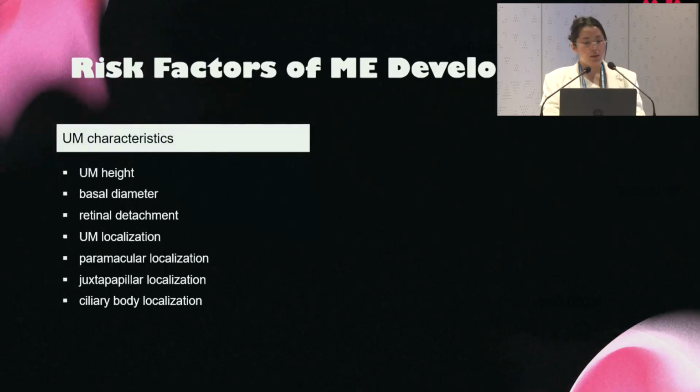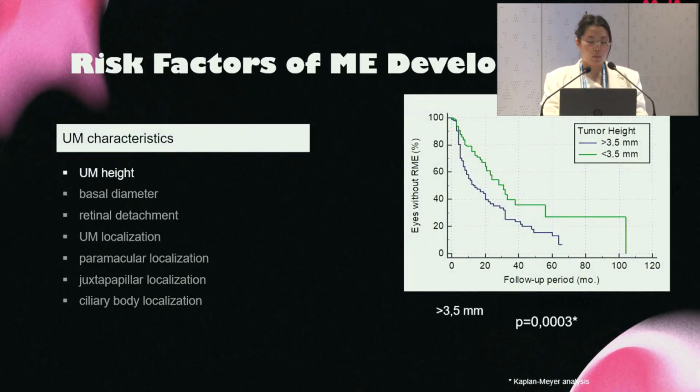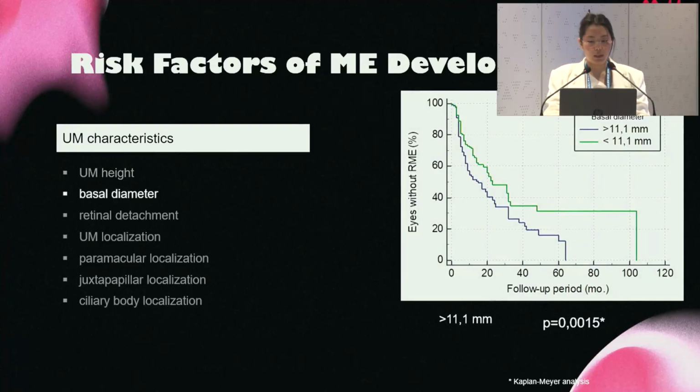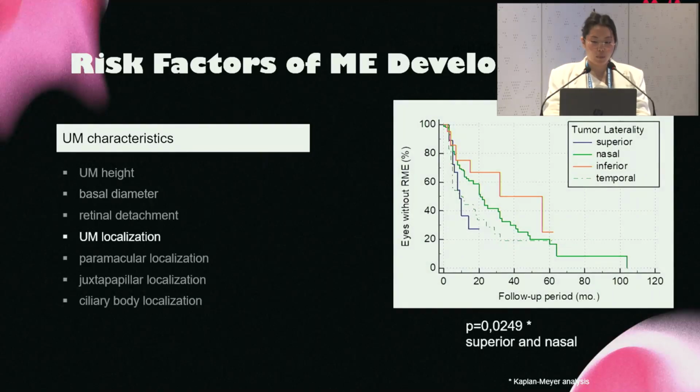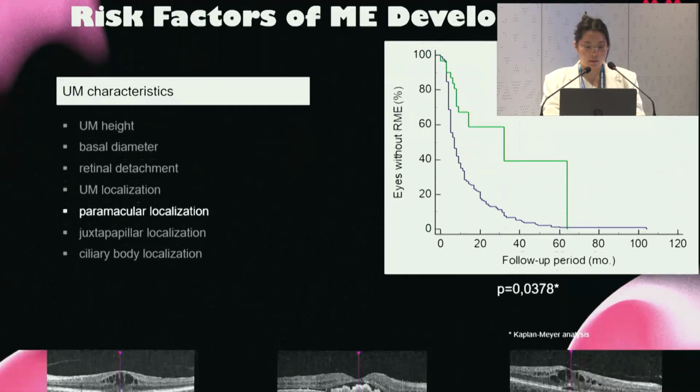As to characteristics of tumor, we observed that uveal melanoma height more than 3 millimeters, basal diameter more than 11 millimeters, superior and nasal tumor laterality, and paramacular localization of tumor have a higher risk of radiation macular edema development.